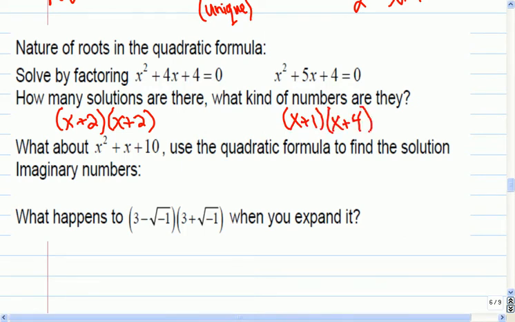So we get answers x equals negative 2, negative 2. And like I said, we wouldn't write them both down. We would just pick one. So we would say that there is one real distinct solution. For this one, we would have x equals negative 1 or negative 4, where this time we have 2 distinct solutions.